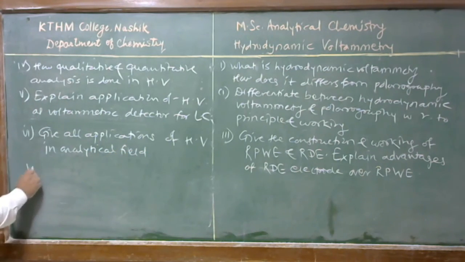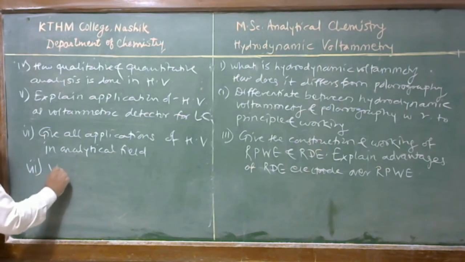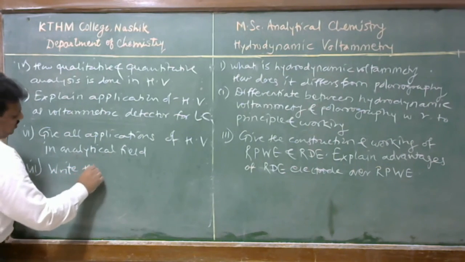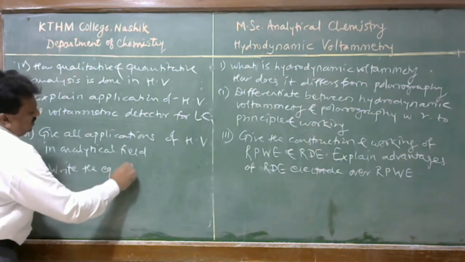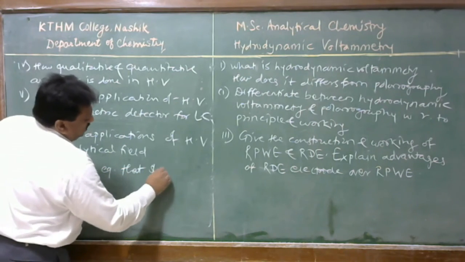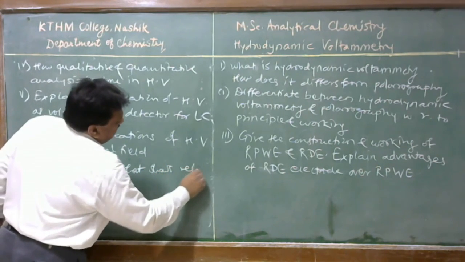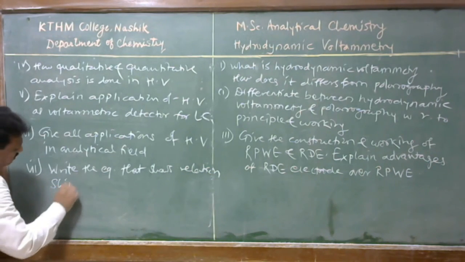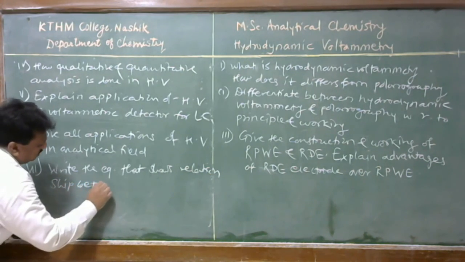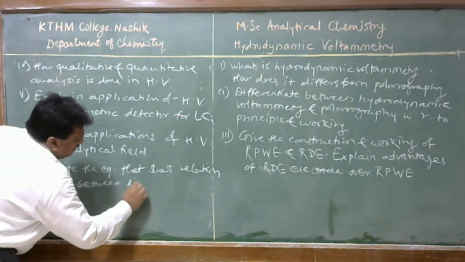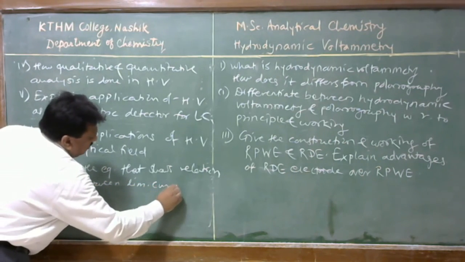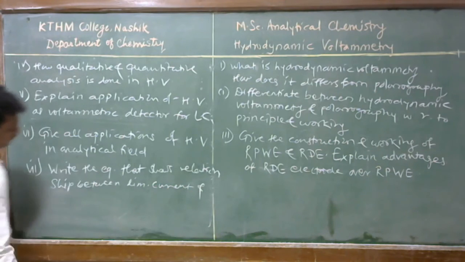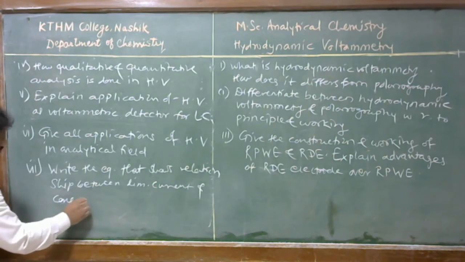And number 7, write the equation that shows the relationship between limiting current and concentration of analyte.